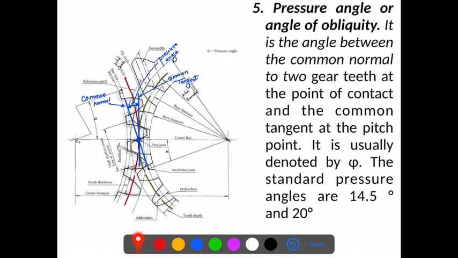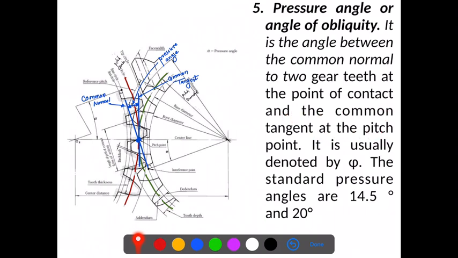Now pressure angle. This is again another very important term which is used for designing the gears, and that is called a pressure angle or angle of obliquity. What is this pressure angle?